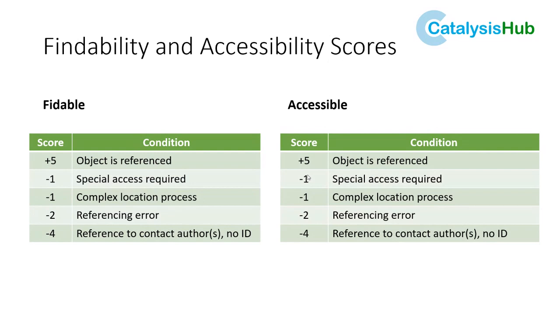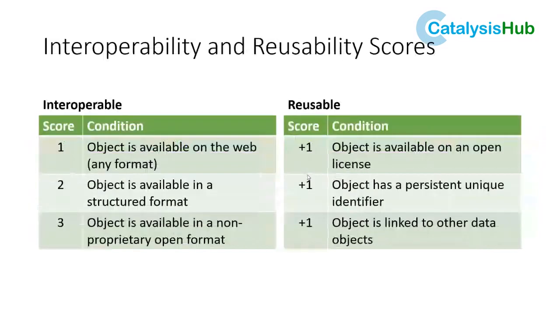So that's for findability. Accessibility is something similar. We can say the object is accessible if it is referenced, and we also deduct points in a similar fashion to the findability. And then we also created two scoring tables for interoperability and reusability.